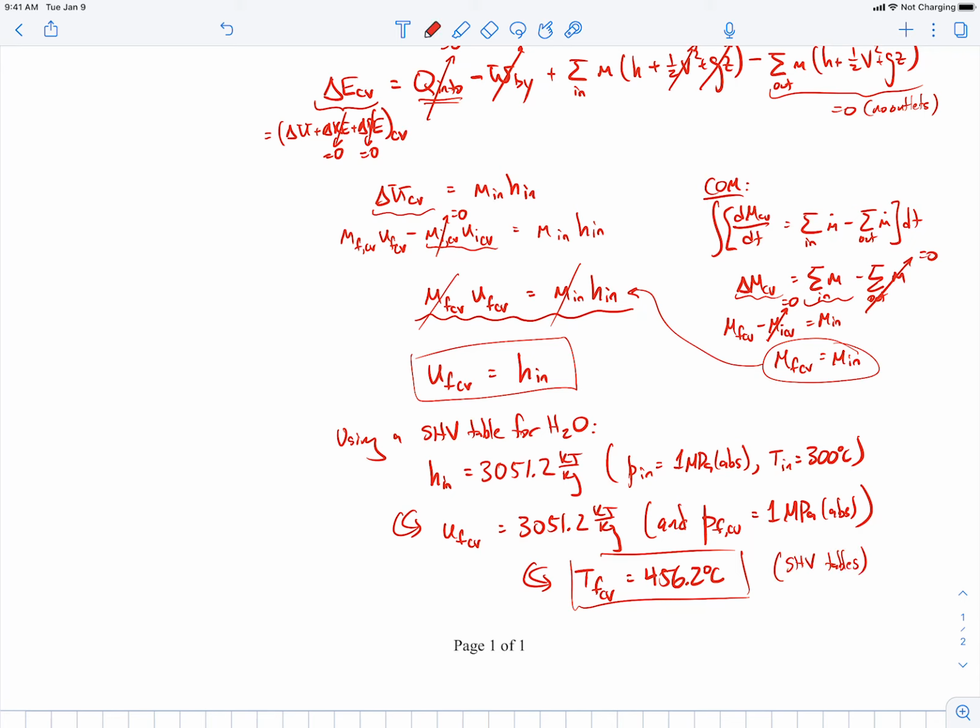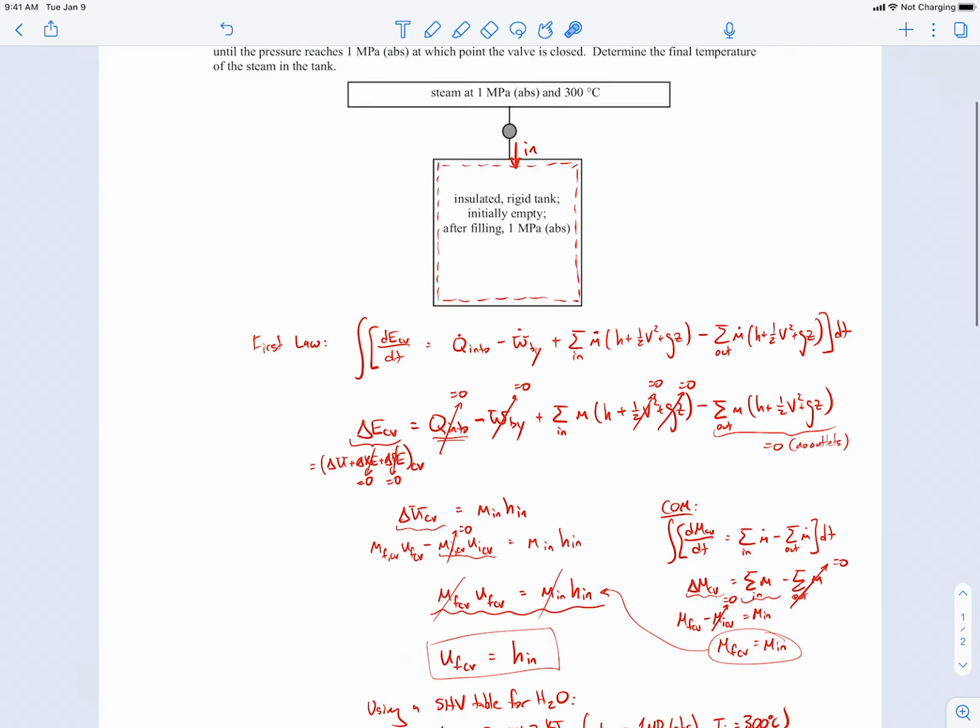For this combination of properties we're in the superheated vapor phase, and the corresponding temperature for that specific internal energy at that pressure is 456 degrees Celsius. That's what we were asked to find.